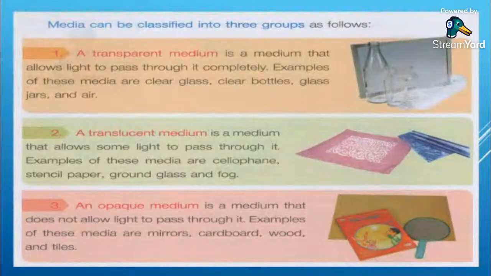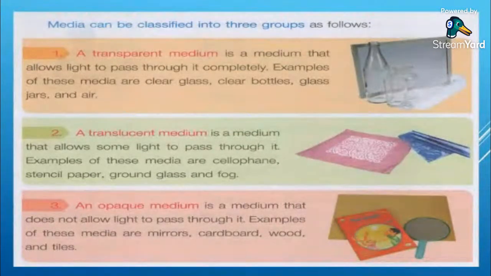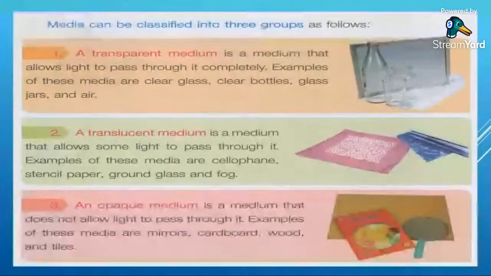We have cellophane, stencil paper, ground glass, and fog. Number three, opaque medium. We have mirrors, cardboard, wood, and tiles. We also see books in there.